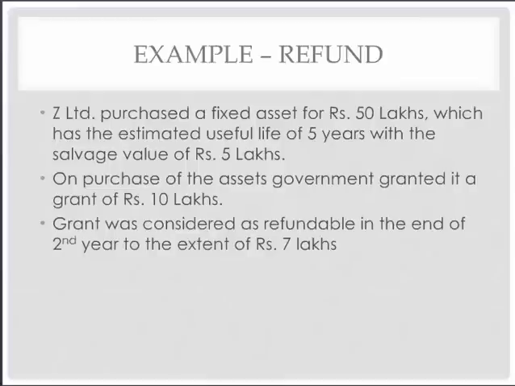Now, say suppose at the end of the second year, you are to refund the grant worth 7 lakh rupees. Let us take method 1 and method 2 and understand what happens in both the methods in case of refund of government grants.